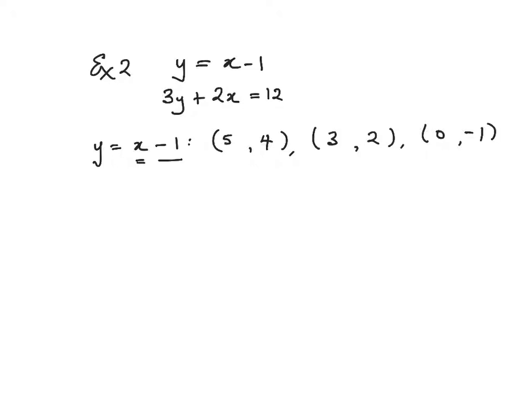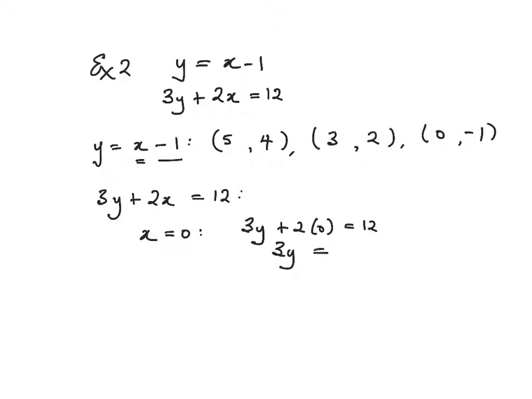Now for the second equation, there's a slightly different technique. What I'm going to do here is let x equal 0 and find y. So if x is 0, 3y plus 2 times 0 equals 12. 2 times 0 is 0, so 3y equals 12, and y equals 4.